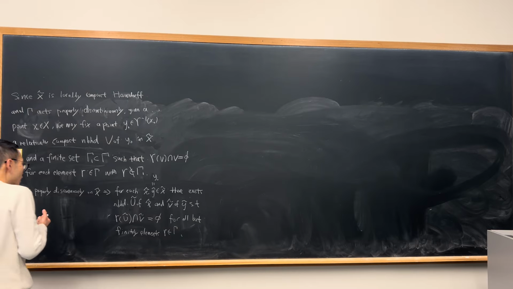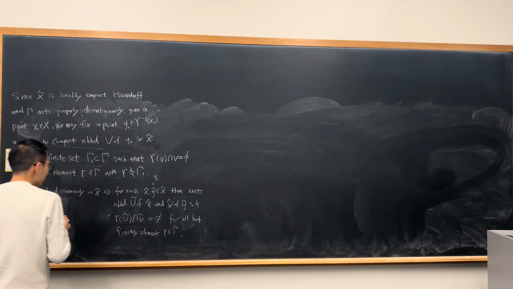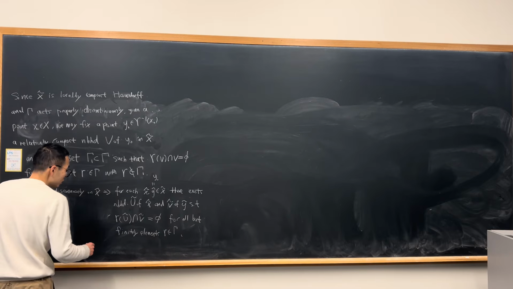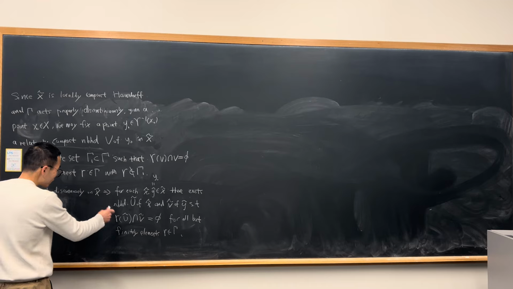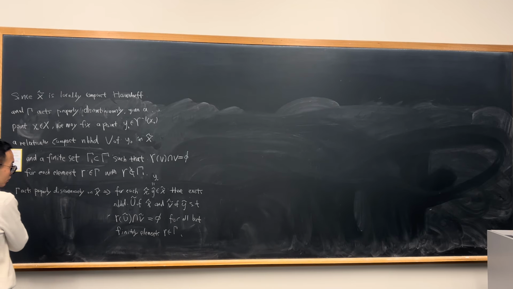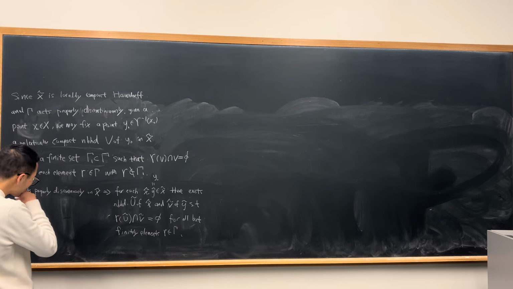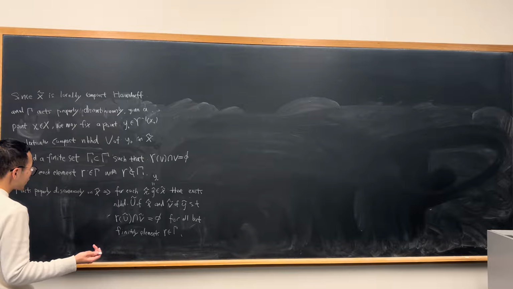Okay, let's see. So what I want to say is that we know that the set of r such that u tilde and v tilde intersect is empty for all but finitely many r.